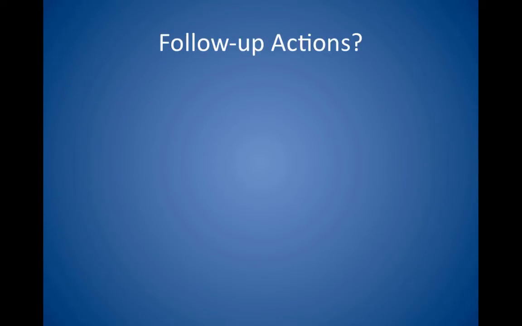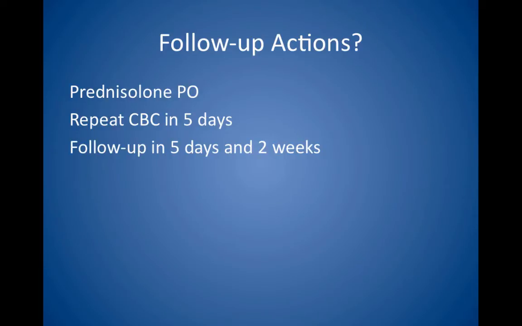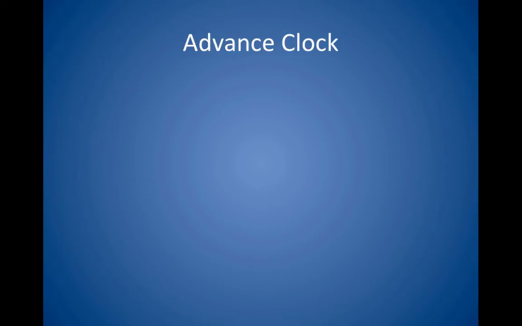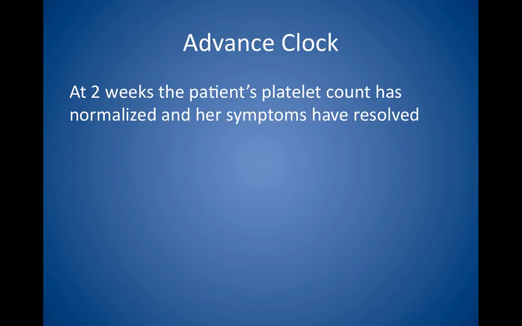What are your follow-up orders? Follow-up orders should include prednisolone orally, as well as repeating the CBC in 5 days with follow-up in 5 days and 2 weeks. Advance the clock. At 2 weeks, the patient's platelet count has normalized and her symptoms have resolved.